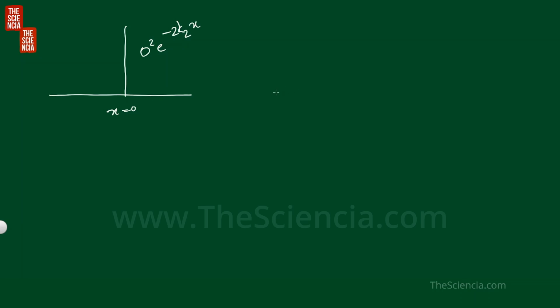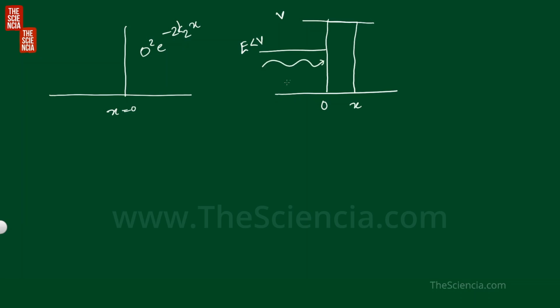Therefore, if the width of the wall is finite, that means like this one, from 0 to some x value, so this x is the length of this wall. This potential barrier has a certain height V, and the energy of the particle is E, which is less than the potential barrier. Now there will be an incident wave and a reflected wave.